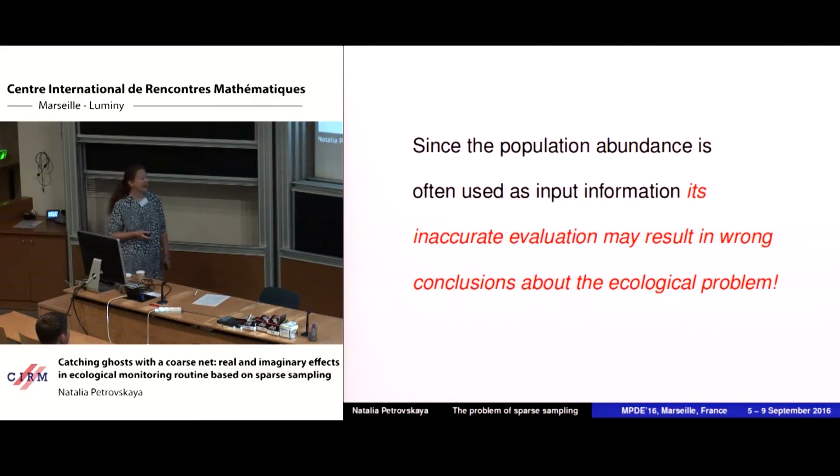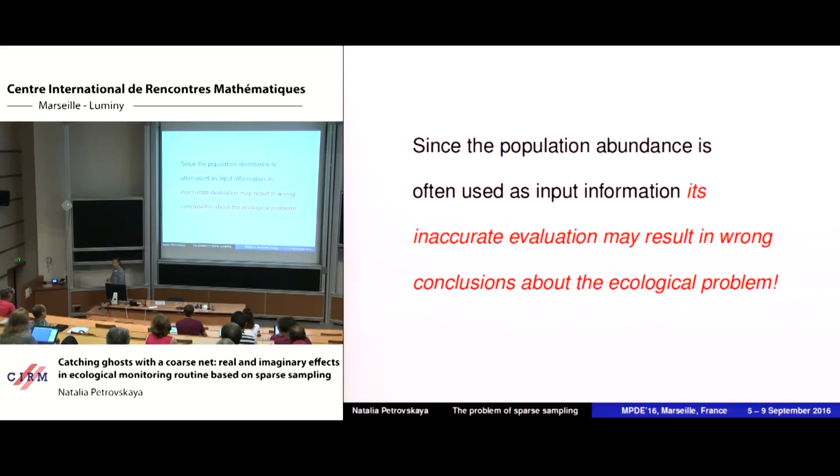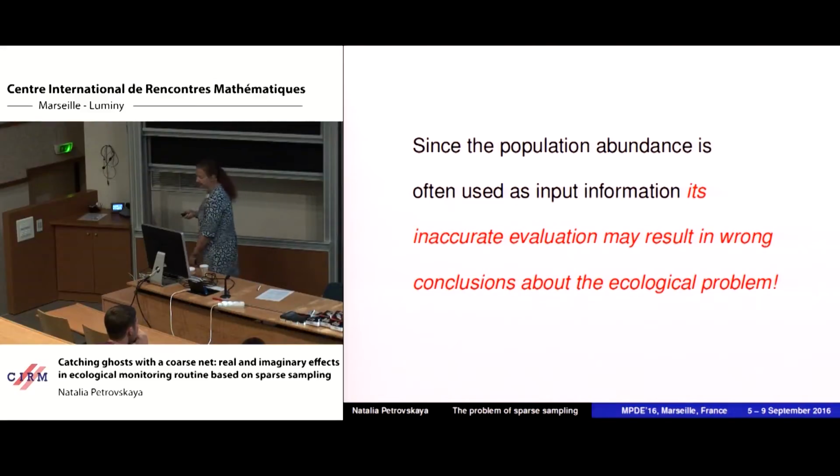And once we have agreed that we must evaluate the total population size, an immediate conclusion is, because we use this information about the total population size as input information in many ecological problems, if we are not able to come up with accurate evaluation, then we may end up with very wrong conclusions about our ecological problem, where this total population size is used as the input information.